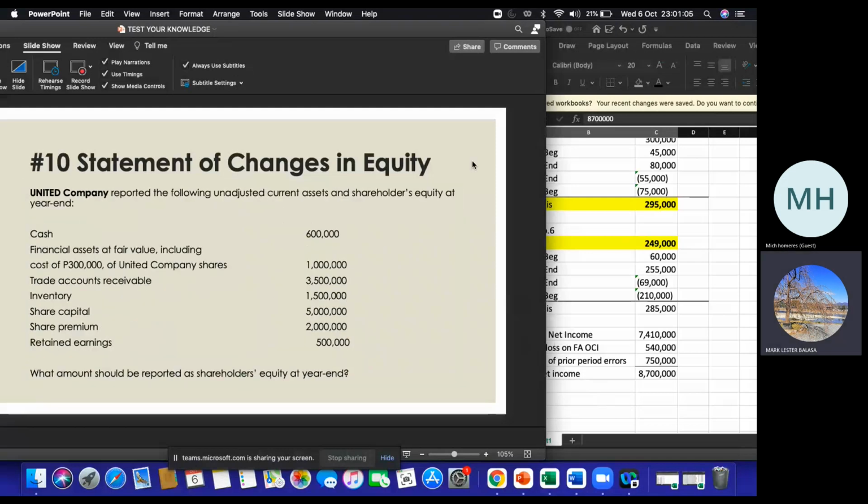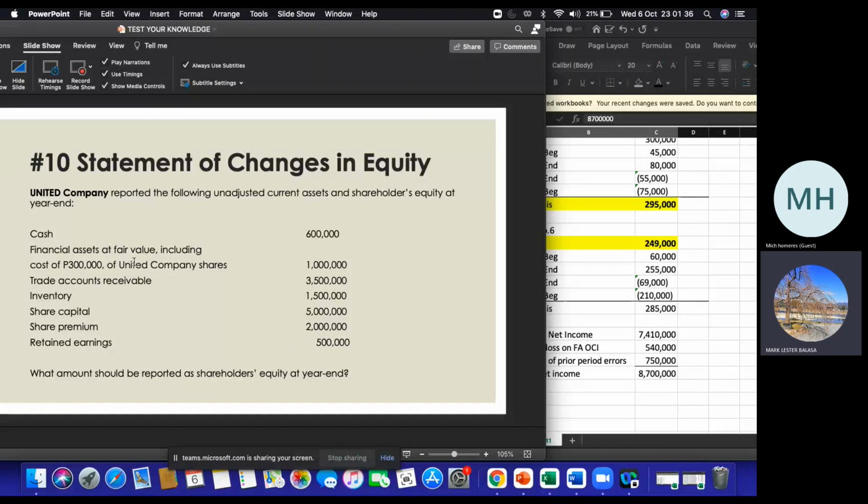Number 10. What amount should be reported as shareholders' equity at year-end? Alright? So, ito, meron kang share capital dito, class na 5 million. Alright? And then you have share premium of 2 million. Alright? And then you have retained earnings of 500,000. Ngayon, kung mapapansin mo, meron ka ditong sinabi na financial assets at fair value including cost of 300,000 of United Company shares.